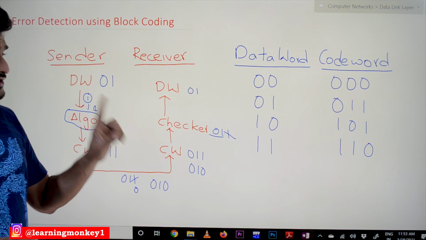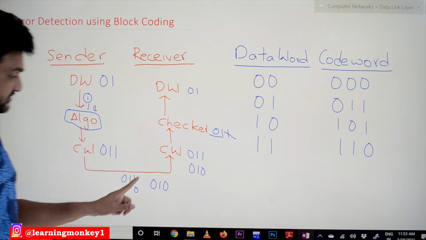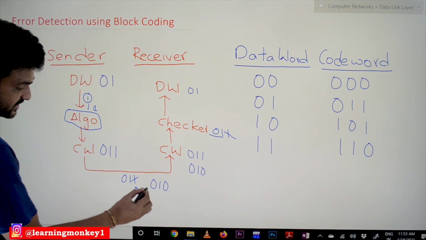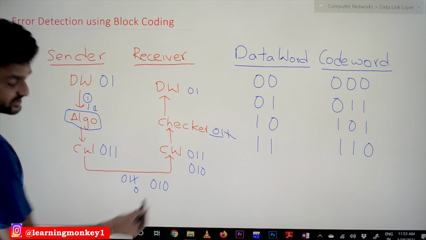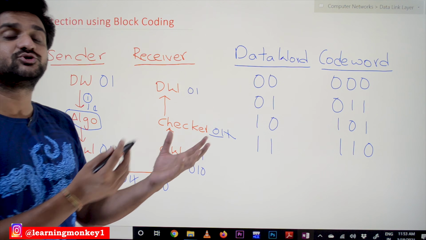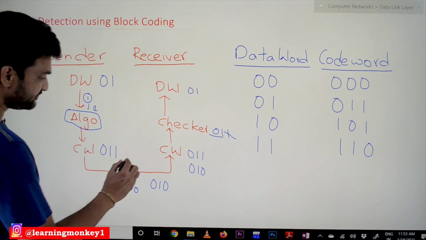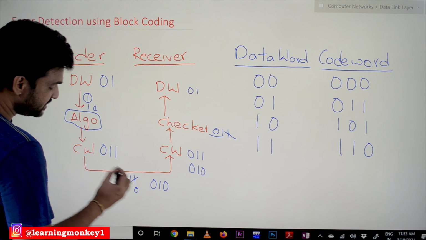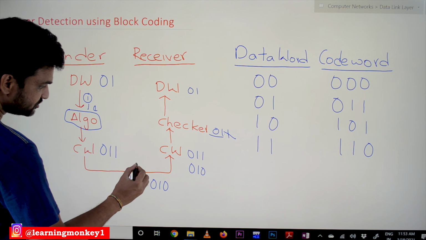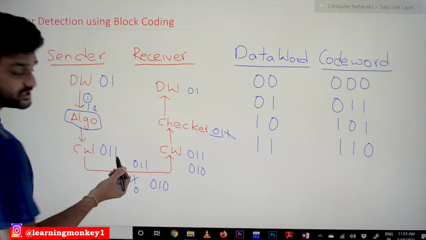Now we will try to understand one more point. As we have seen, 011 has been changed to 010, so a 1-bit error has occurred. Now let's assume that 2-bit errors have occurred. 2 bits are corrupted. For example, 011 is being transmitted, and in this 011, these 2 ones are corrupted to zeros.